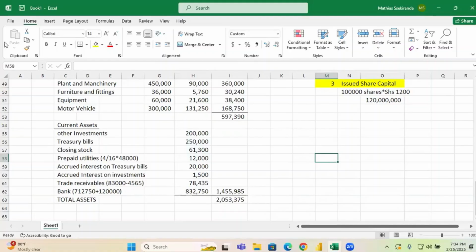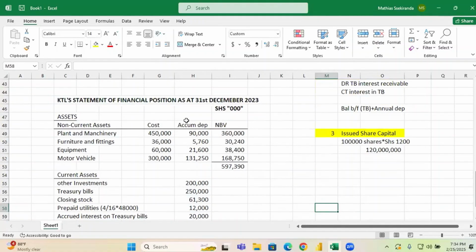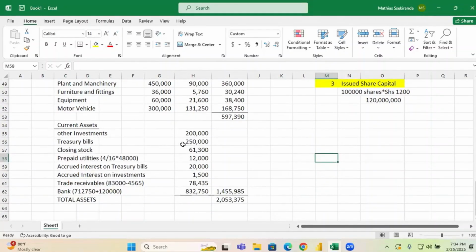So the one who was asking why I put these figures under accumulated depreciation, I think you see how organized your statement looks. Rather than putting all these figures in the last column, where you may not be able to add properly, here you take only the total, add the total non-current, and get the total assets.